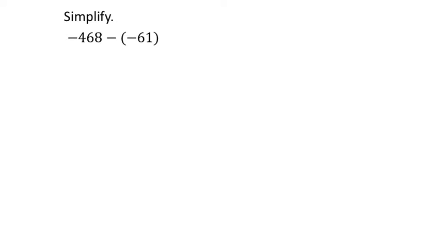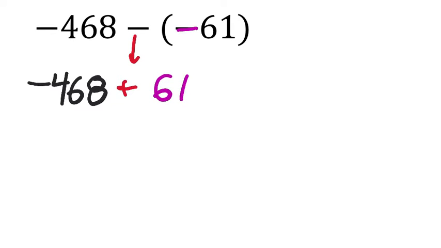So on this one, I got a negative 468 minus negative 61. And since we're using negatives here, I shouldn't expect to see any subtraction, right? And I can change this into an addition problem with keep, change, change. So keep negative 468, change the operation from minus to plus, and then change this negative 61 into a positive 61.